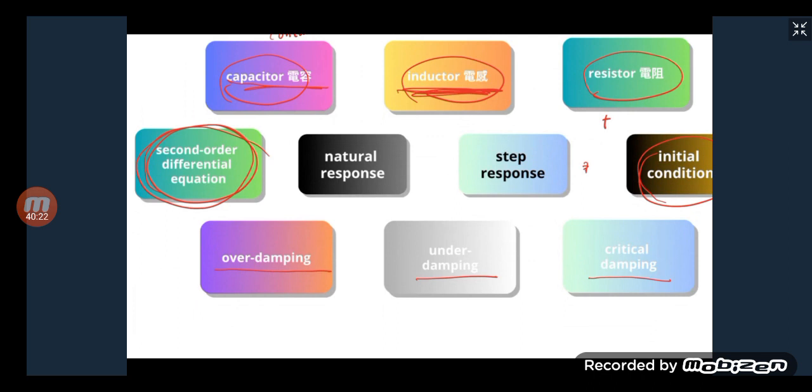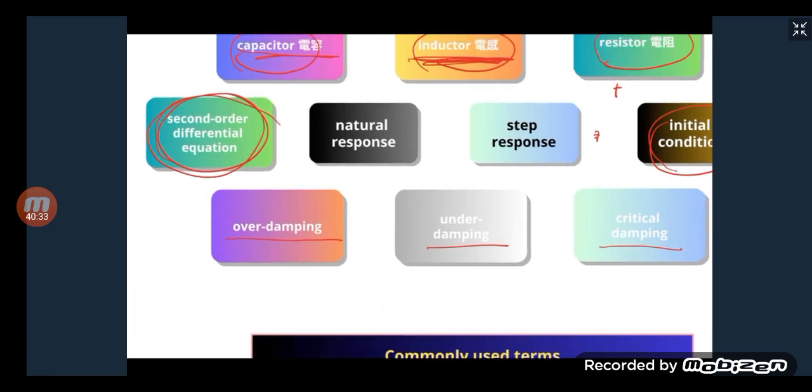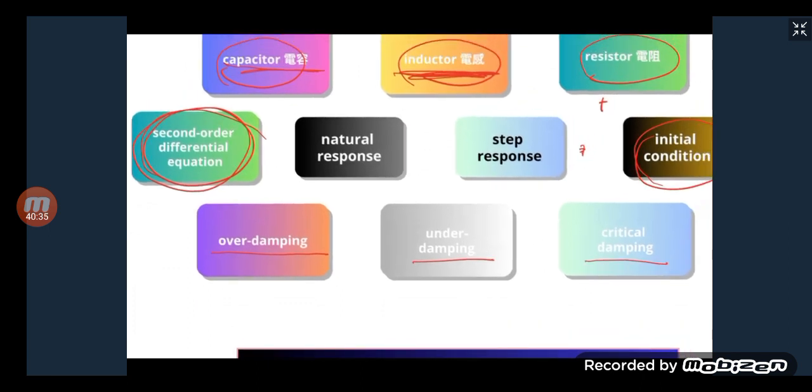In fact, the three conditions are simply related to the solutions, because it involves... Maybe here I will give you a quick review of second order differential equation.